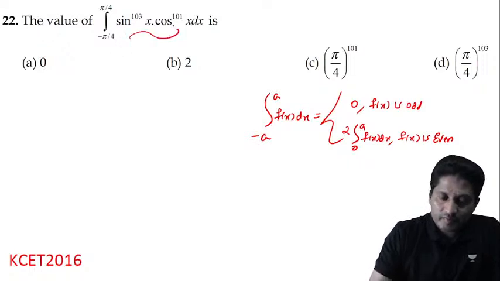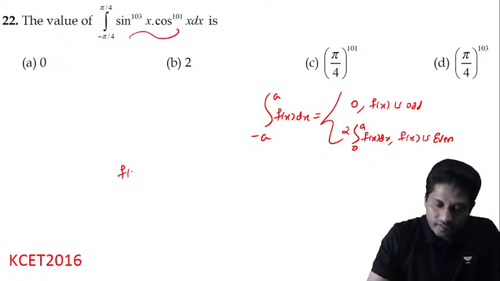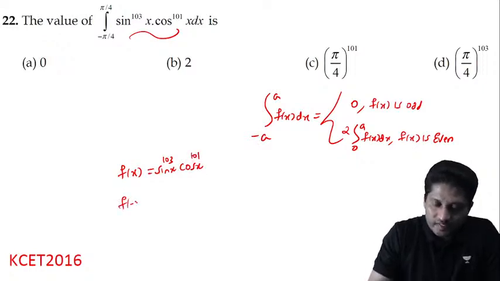Minus pi by 4 to plus pi by 4. Value f of x is equal to sin x to the power of 103 cos x to the power of 101. F of minus x is equal to sin of minus theta whole power 103 cos of minus theta whole power 101.